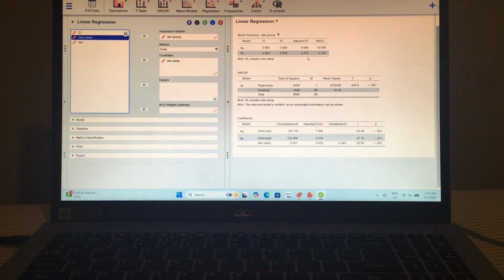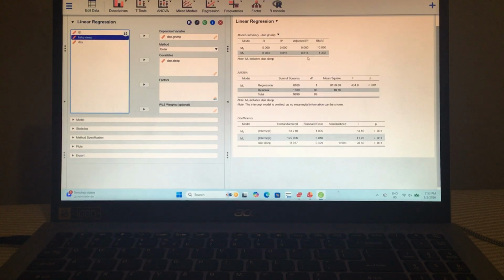It has the R, the R squared, the adjusted R squared, and the RMSE. This particular model only has one independent variable, which is known as simple linear regression, and the value of big R here is going to page 6.